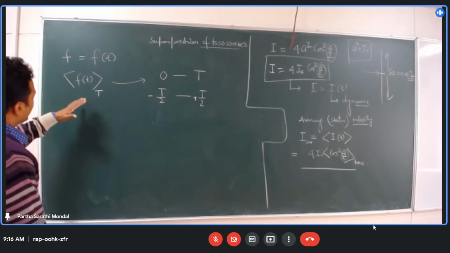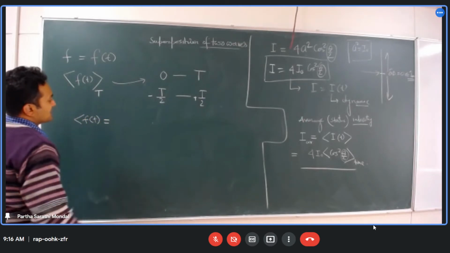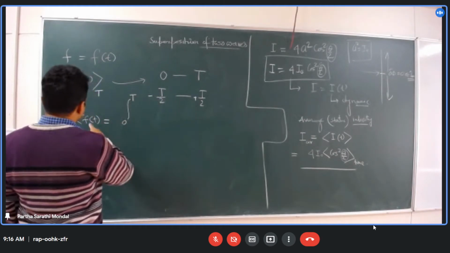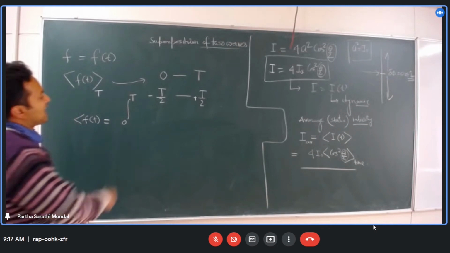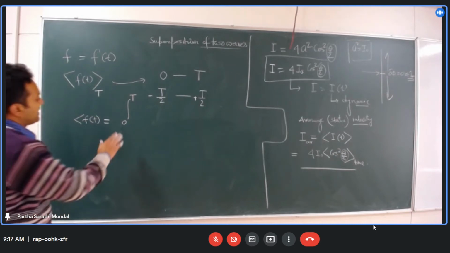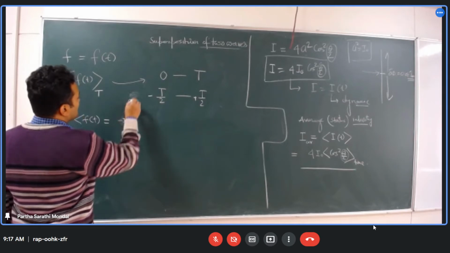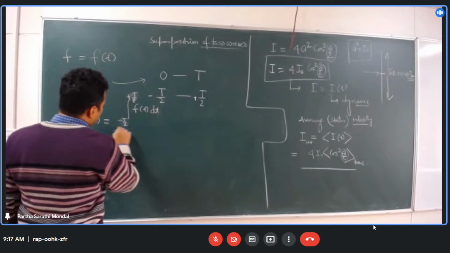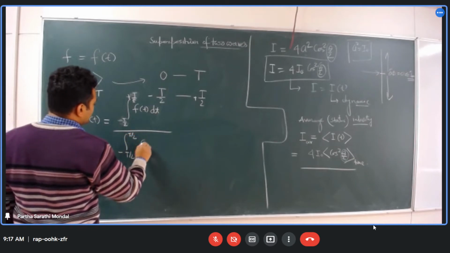तो हम लोग जो एवरेज का फॉर्मूला है, so ft, if you want to find out average, then you have to take an integration maybe 0 to t. अगर आपके पास कोई और फंक्शन है, इवन फंक्शन है, then you have to change the duration in a different way. So it's better if you use this one also, minus t by 2 to plus t by 2 ft dt divided by minus t by 2 dt.